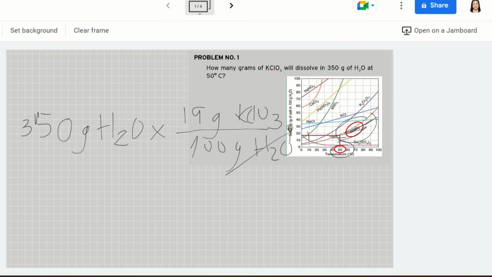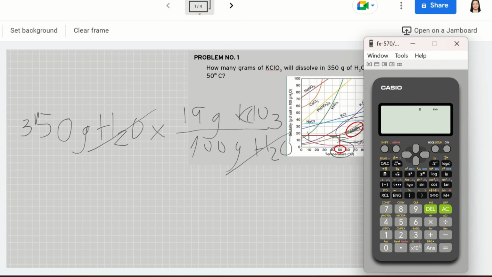Let's cancel this and this. After canceling, we have 350 times 19 over 100. We'll get the final answer, 66.5. But since we only have two significant figures based on the given, we'll round it to 67 grams of potassium chlorate.